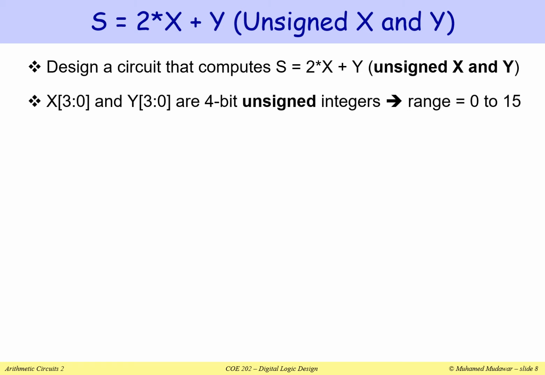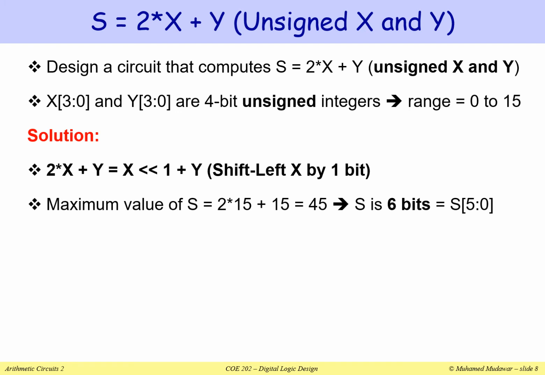We can shift x to the left by 1 bit. This will give me 2 times x. So 2 times x is x shifted to the left by 1 bit. So what we need to do is shift x to the left by 1 bit, and then we can add to it y.